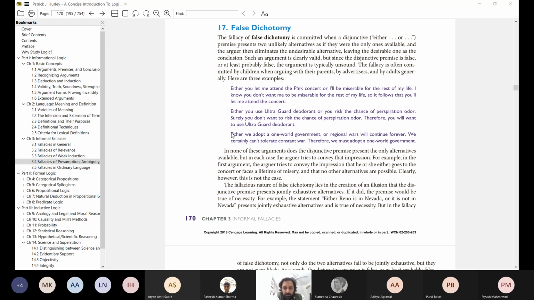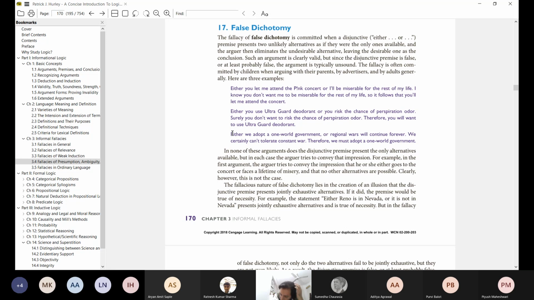So what's the problem here? The problem is that we cannot say that if there is a one world government, there can't be regional wars. There may be wars even if there is a one world government.